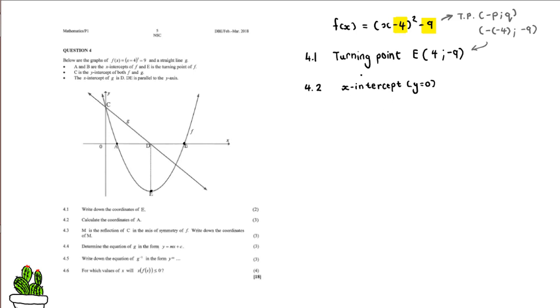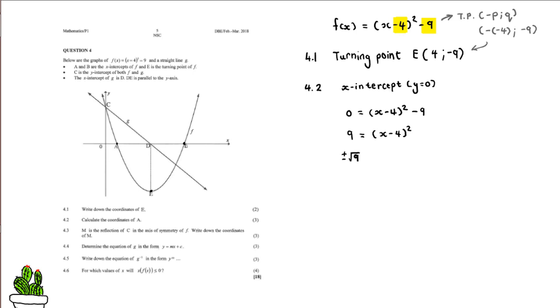Okay, let's start. So from the function f of x, you're going to set f of x equals to 0. So you're going to have 0 is equals to (x minus 4) all squared minus 9. Move the 9 to the other side, you have 9 is equals to (x minus 4) all squared. Now you need to take the square root of both sides. Remember, taking the square root requires a plus and minus.